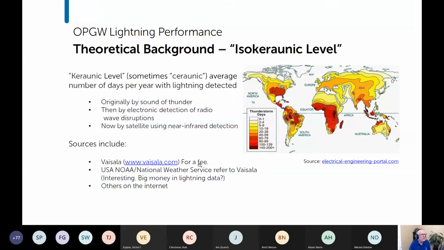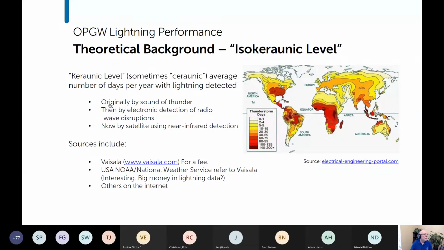Now, when I was preparing for this, I thought, well, I could just go to the National Weather Service, which I did not realize was actually part of NOAA, the National Oceanic and Atmospheric Administration. And I thought I could get data for the US, but it was funny to me that it referred me back to Vaisala. So I figure there must be big money in getting and selling lightning data, which was a little bit surprising to me.